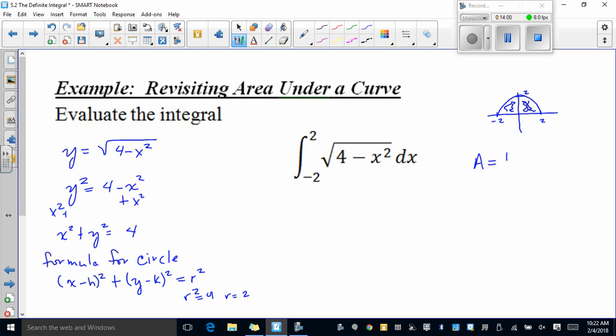So if you ignore the 1/2, here, I'll even erase it just for visual. Okay. Pi r squared, area of a circle, but I only have half a circle. So I only want half of it. And so now we can go in and say area equals 1/2 pi r squared, but r is 2. So 1/2 pi times 4, half of 4 is 2, so our answer is 2 pi.